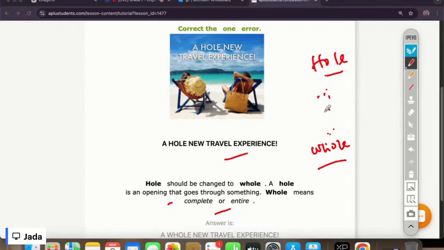They have the same pronunciation, but different meanings, which can be a little bit confusing, because if you hear whole, you might be thinking it's the other one, but it's actually whole with W. So you have to take note of this error as well.